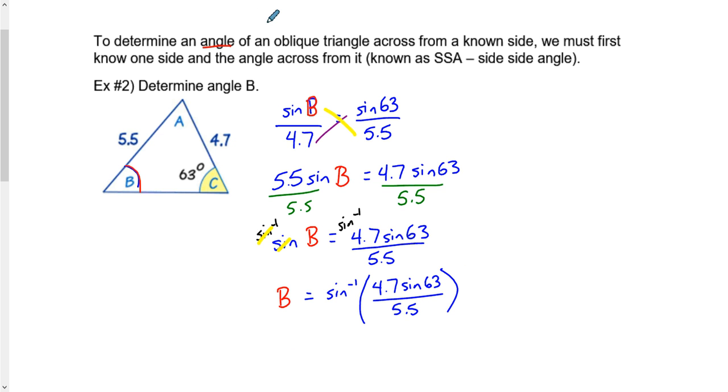Make sure that when you're working with this, you are able to calculate it out. If you can't calculate it out as we're working through examples, practice and make sure you make note of what you need to do in order to get that. If you need to add extra brackets, if you need to calculate one thing at a time, if you have to calculate everything on the inside first, get a decimal, and then take the sine inverse of that answer, you have to do whatever you need to do with your calculator.